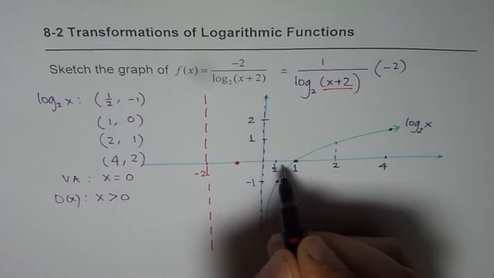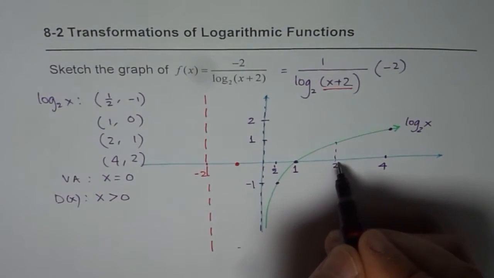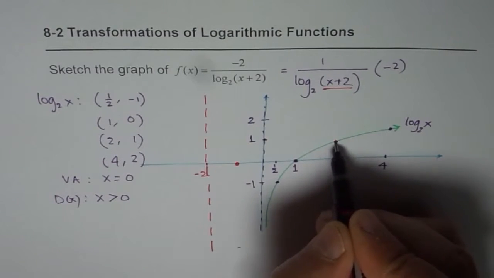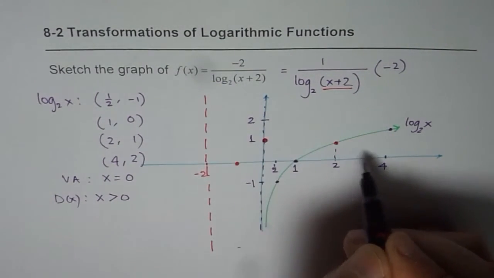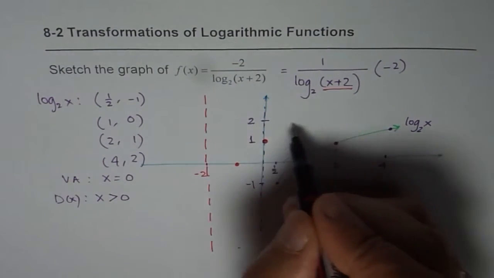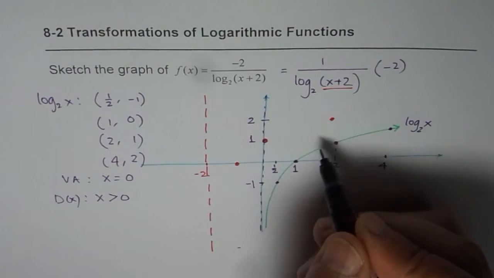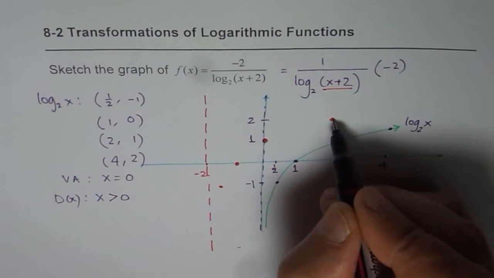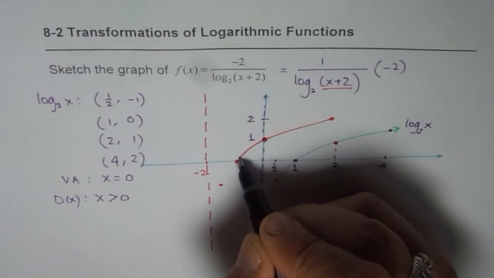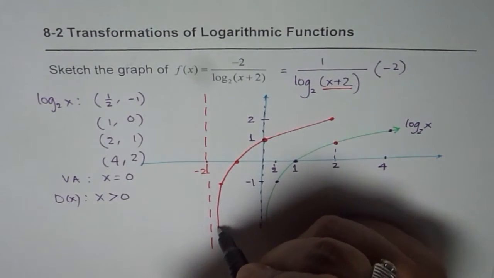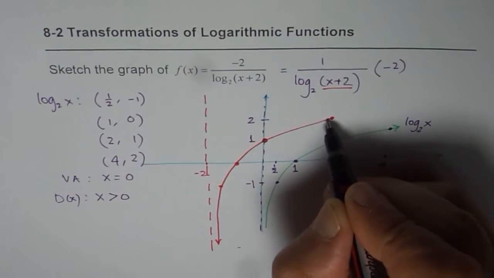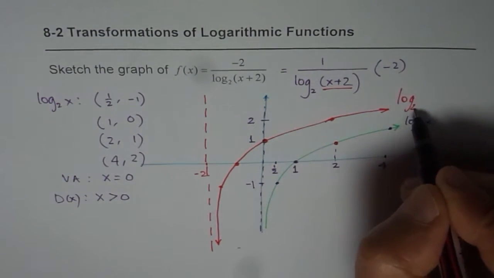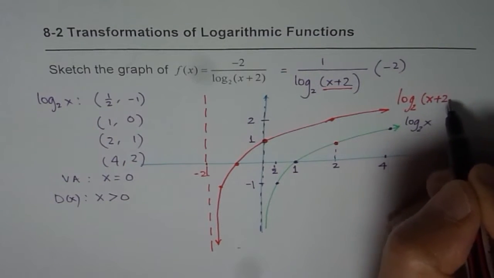So we have the x-intercept here, and this point 2, when you bring it 2 units left, will be at the y-intercept, and this point 2 units left will be somewhere here, correct? And this point 2 units left will be here. So we have a function which is log to the base 2 of x plus 2.